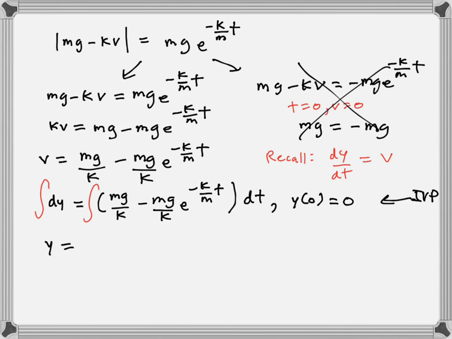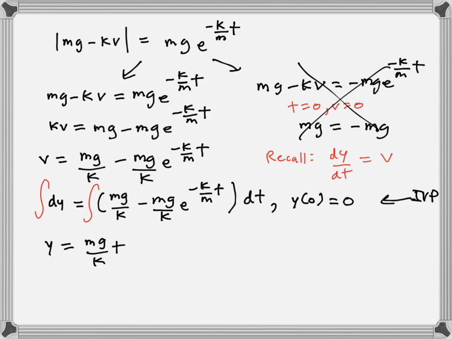So if I integrate the right side, mg over k is a constant, so it's just mg over k times t. How do I integrate the other part? Remember, the integral of e to the something is just e to that thing, except we're going to divide by that slope out in front. So what do I get?